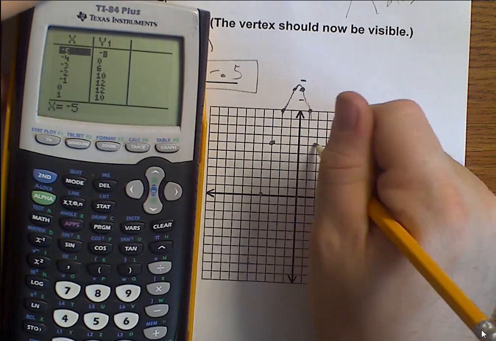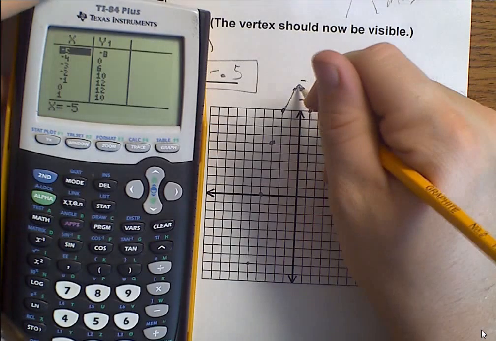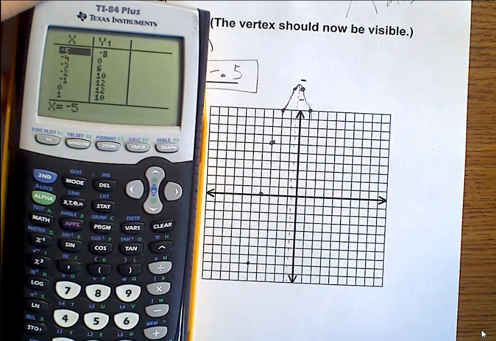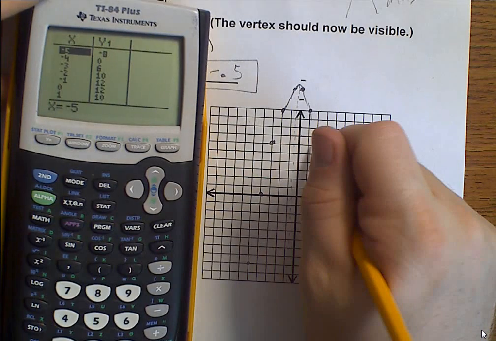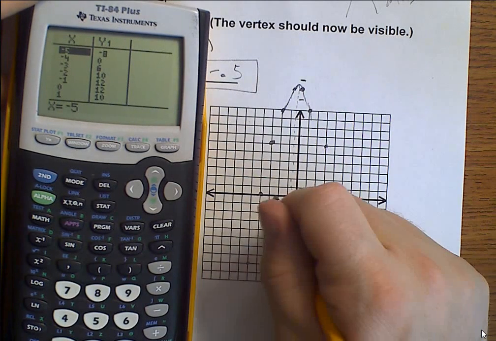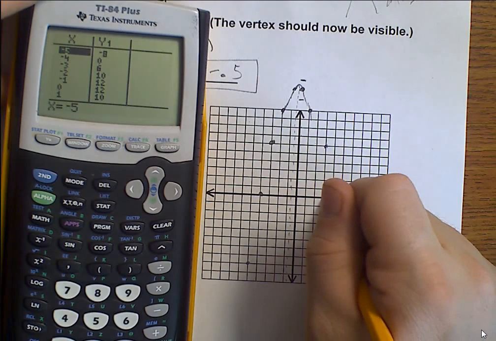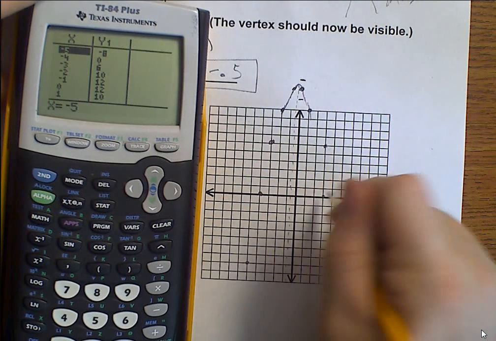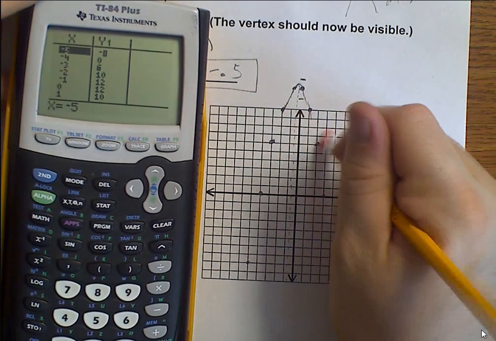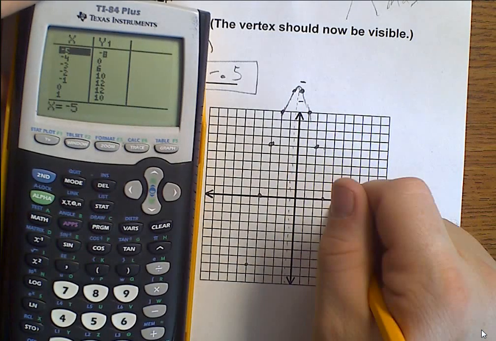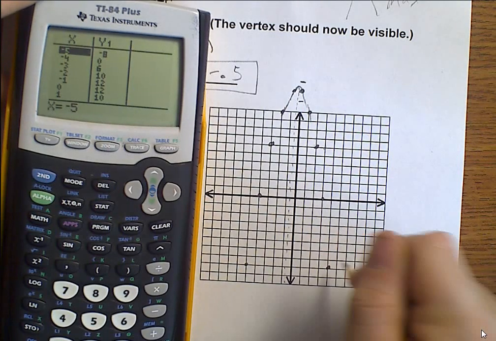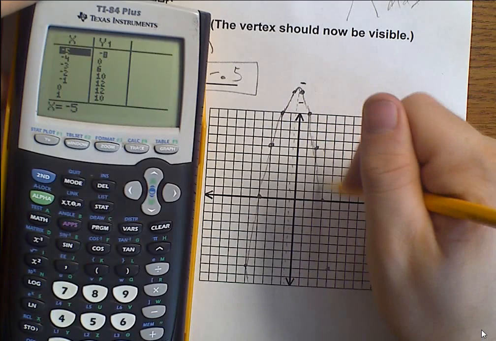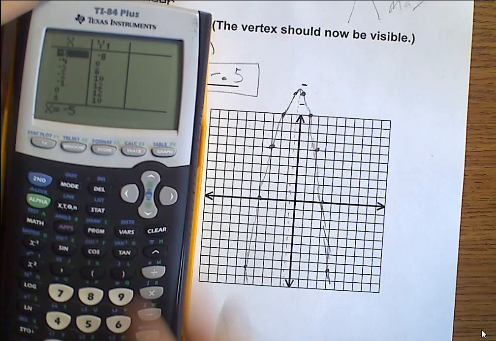And we just mirror this along our axis of symmetry. And we have our graph.